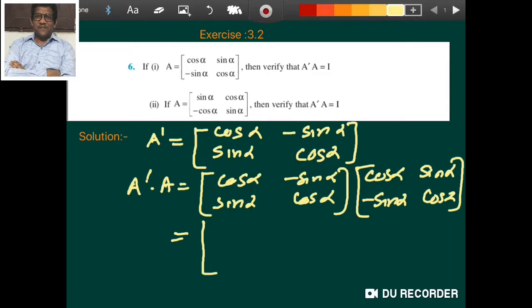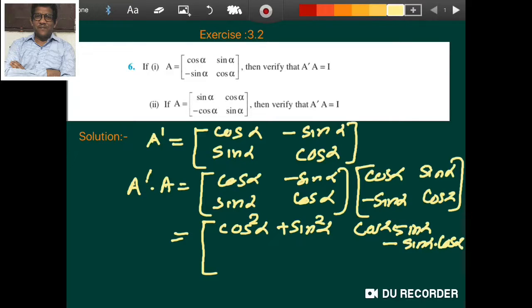Now we multiply as per the definition of matrix multiplication. We get cos square alpha plus sin square alpha, cos alpha sin alpha minus sin alpha into cos alpha, sin alpha into cos alpha minus sin alpha, sin square alpha plus cos square alpha.